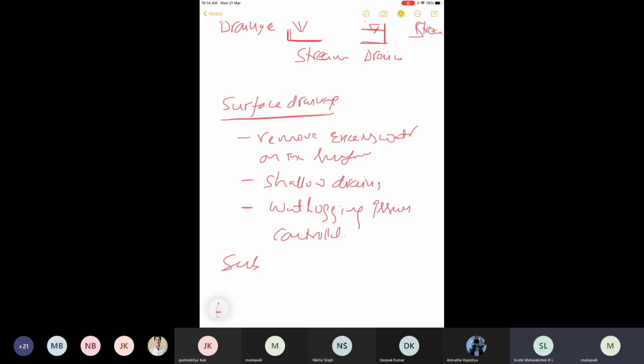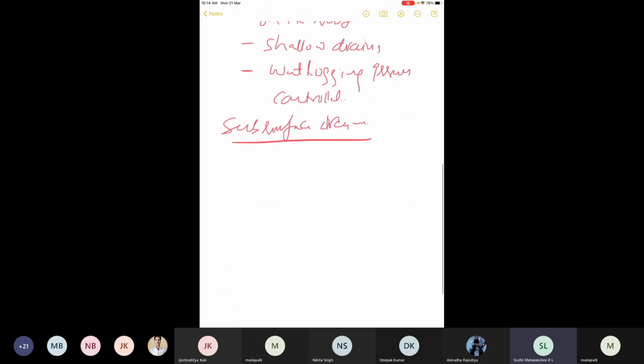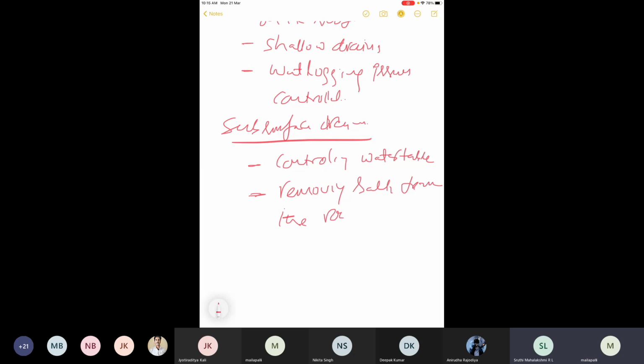Whereas in the case of the subsurface drainage system, it removes the subsurface water or water from the root zone. Basically you're controlling the water table, and you're maintaining the salt levels or removing salts from the root zone.